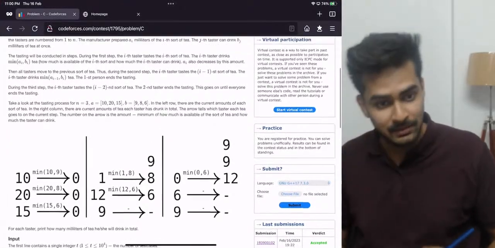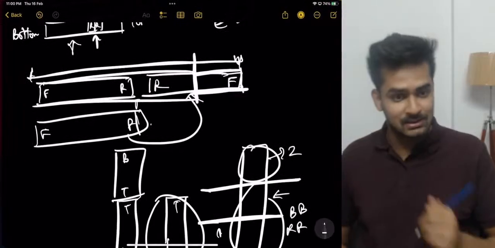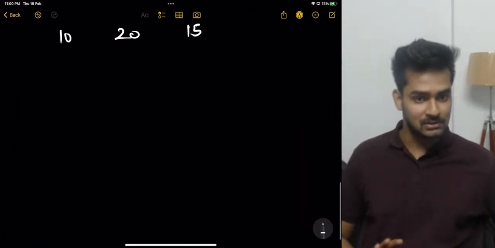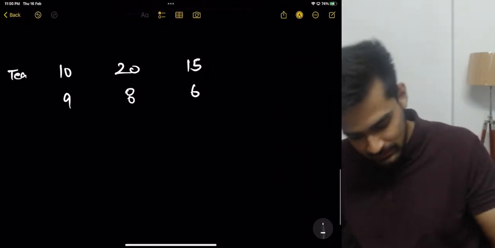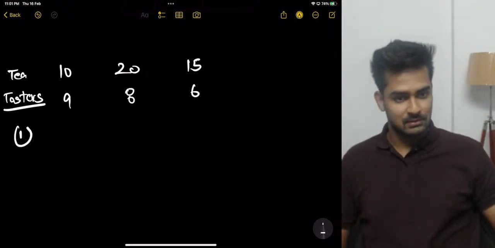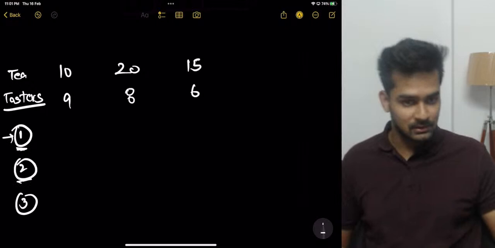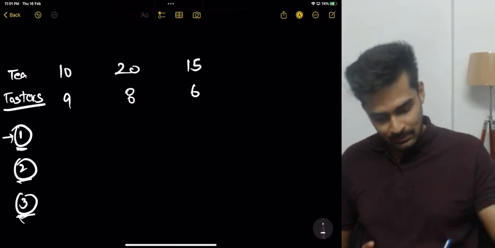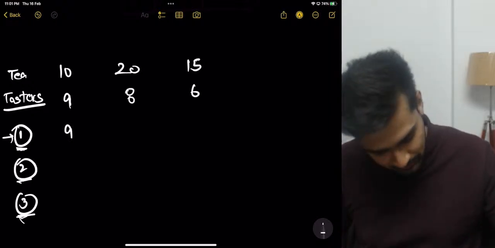This tells me how much tea the first person took, how much the second person took, and how much the third person took. On the very first day, the first taster will taste 9 milliliters, because at max it can take 9 milliliters only, although 10 was present. This person will take 8 milliliters and this person will take 6 milliliters.